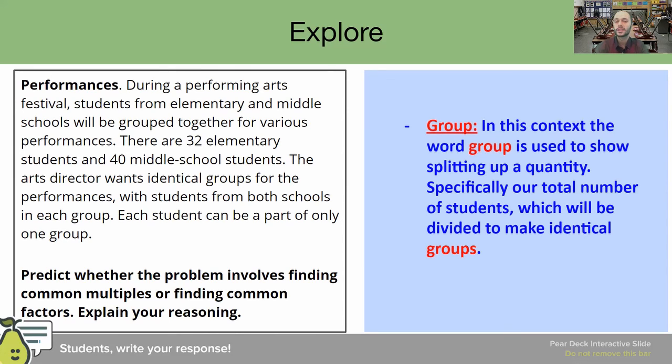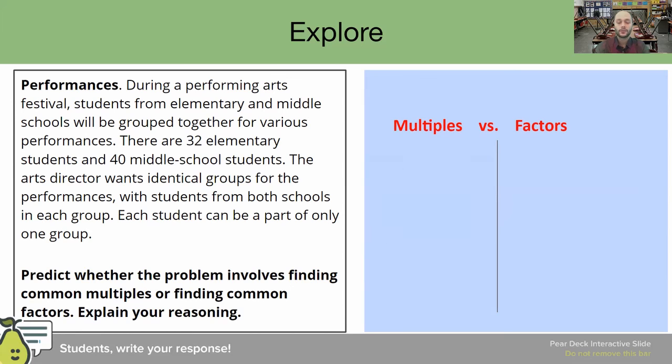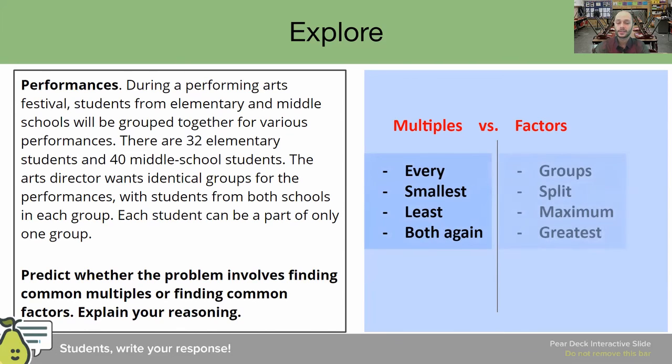Once you see that you are dividing, splitting, making some kind of a grouping, you are talking about greatest common factor. So let's summarize. If you spot the following words, every, smallest, least, both again, chances are we're talking about multiples. And if you spot the words groups, split, maximum, greatest, chances are we're talking about factors.